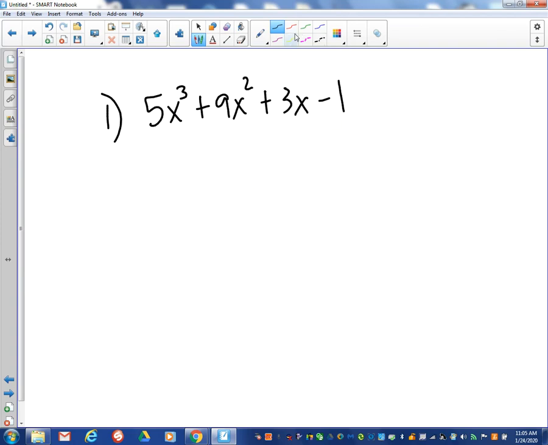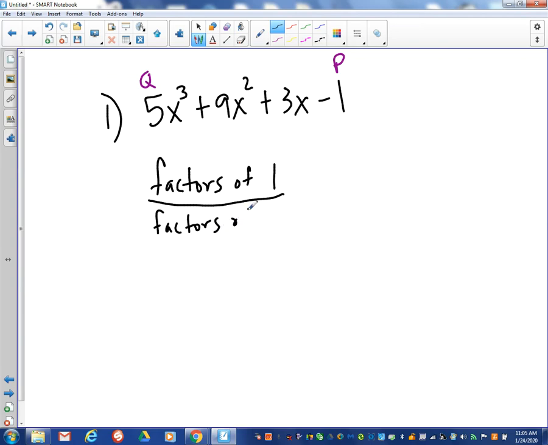The number at the back is always called my P, and the number at the beginning is called my Q. So what you want to do is take the factors of 1 and put it over the factors of 5, and then use a plus and minus with each number to determine all the possibilities. So this would be a list of possibilities.